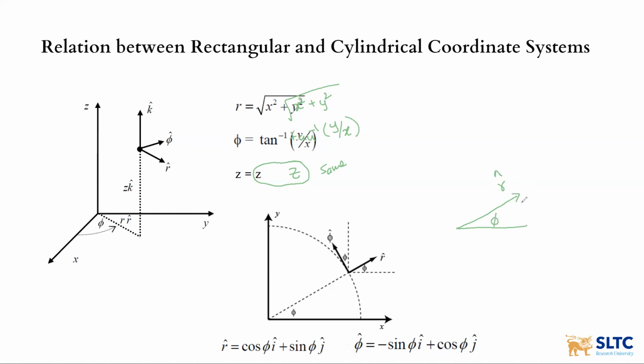Therefore, once we take the magnitudes into consideration, the magnitude will be 1. So this length is cos phi, and this length is sin phi. This length is in the i hat direction, and this length is in the j hat direction. So we need to take the combination of cos phi i hat plus sin phi j hat to form r hat.